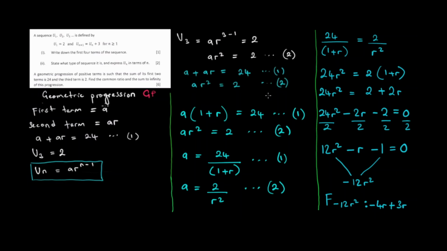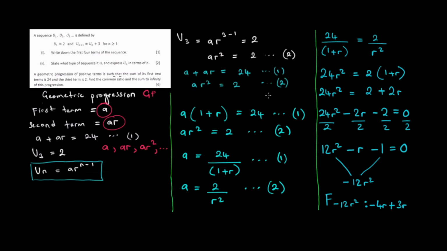We know that the first term for a GP is A, the second term is AR, because in a GP we multiply A by the common ratio to get AR, then the second term times the common ratio gives AR squared, and so forth.